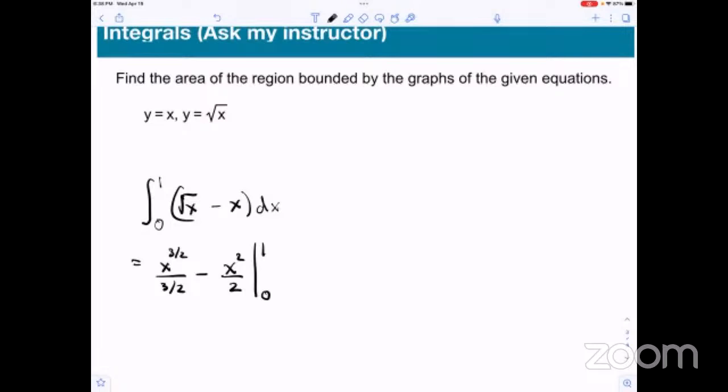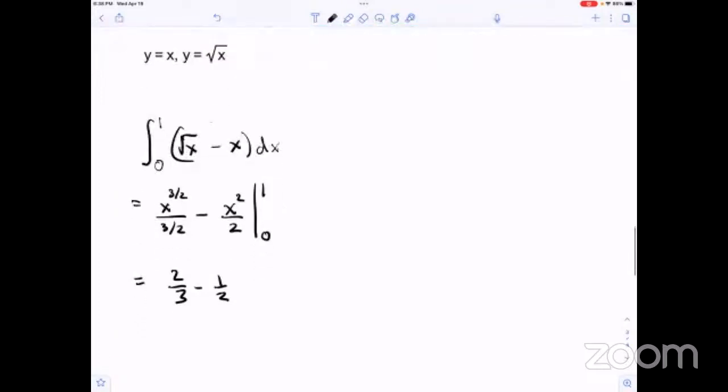So then when we plug in 1, we get 1 over 3/2, which is really just 2/3 minus 1/2. And I think that's it because when we plug in 0, all those terms are gone. So then, common denominator, we can say is 6. So that becomes 4, and that becomes 3.